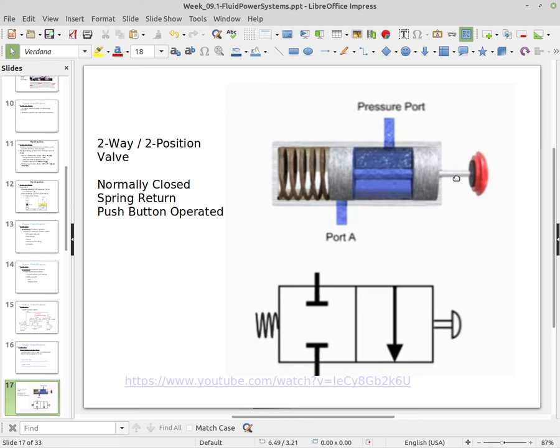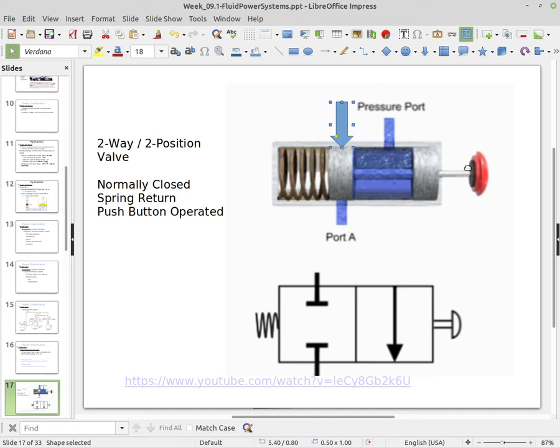Right now the default position has this area of the valve at port A blocking any flow of the hydraulic fluid. So right here pressure is trying to come in port A, but it's being blocked.